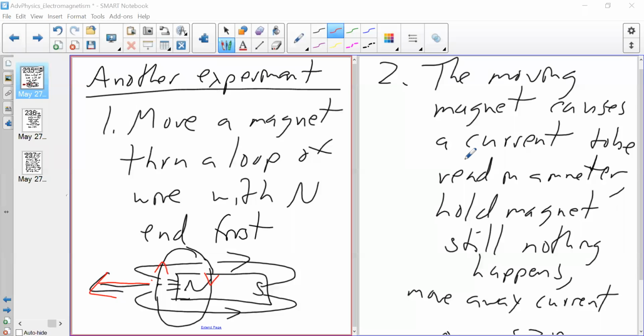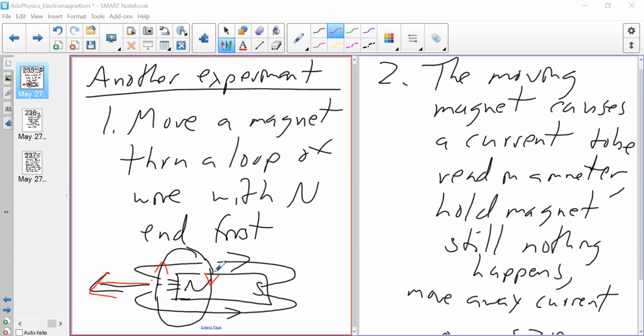So that's what that statement basically means. This current that's created by this changing flux is going to be in a direction such that the magnetic field created by this current is going to be moving opposite this original field. So let me say that again.